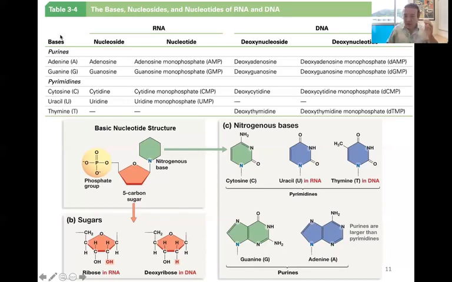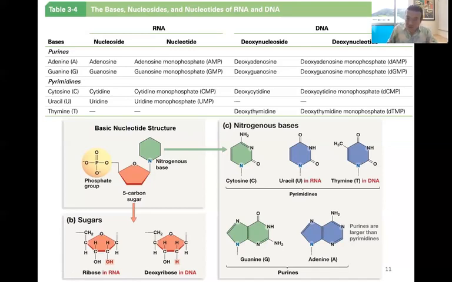And as a result, there's oftentimes subtle but kind of confusing technical differences in the names. So the base would be called adenine just by itself. Once you attach it to a ribose or deoxyribose, that combination would become adenosine. Once you add on the phosphate group, it becomes adenosine monophosphate, because you have 1 phosphate group added on.